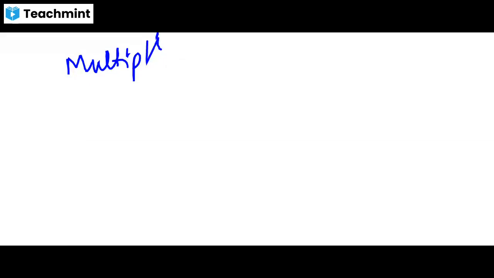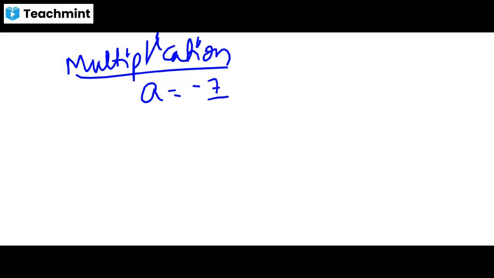Multiplication, very good. So next one you should see for multiplication. For multiplication, we'll take A value as -7/3, B value as 5/4, and C value as 2/9.